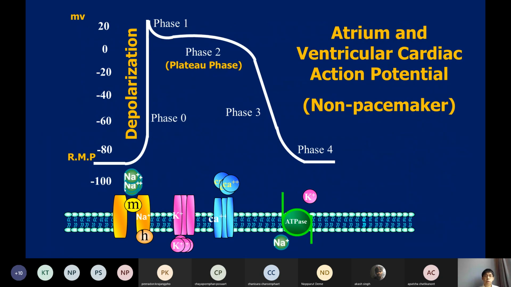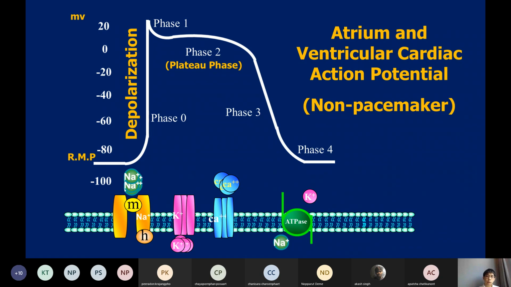So we are going to look into the action potential of the non-pacemaker cells, which are located in the atrium and ventricle of the heart. The non-pacemaker cell has 5 phases of depolarization and repolarization. The first phase is the resting phase, or phase 4.